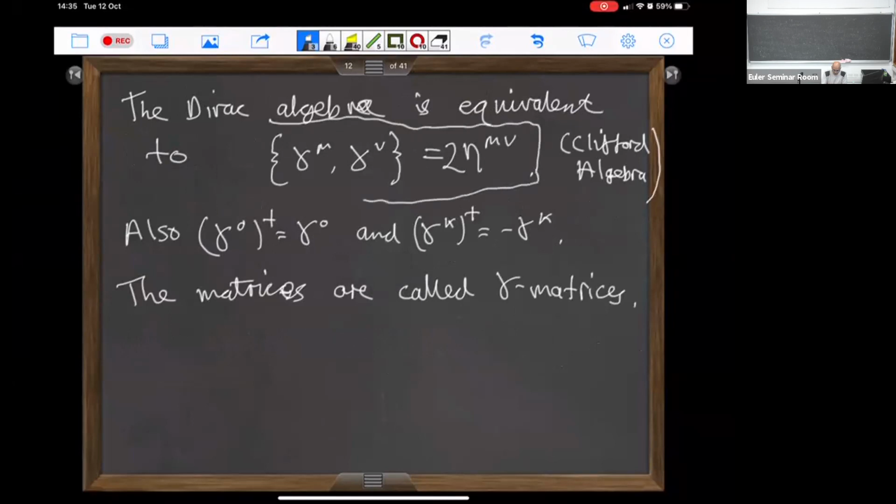You take the anti-commutator of a pair of gamma matrices, and the answer is the Minkowski metric. These algebras were also discovered by Clifford, so they're called Clifford algebras. I also just noted the hermiticity properties of the gamma matrices.